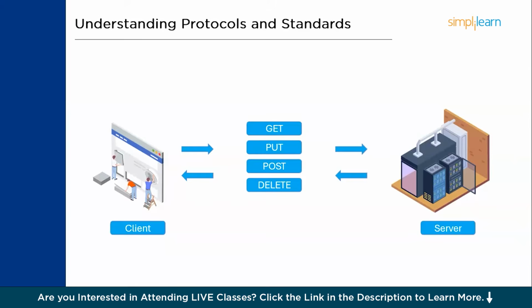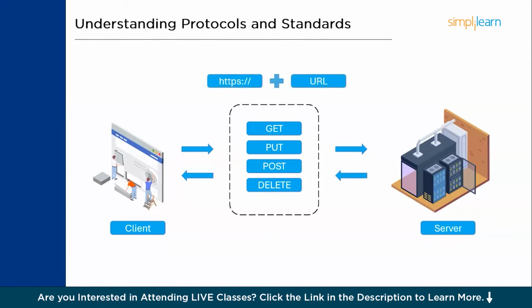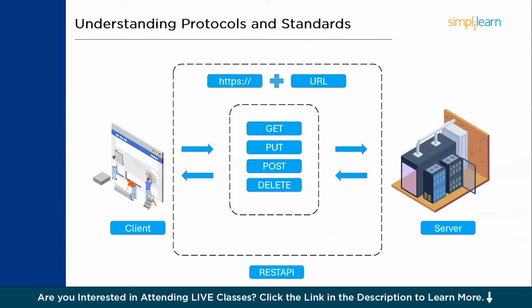Now, if you are connected to a single server, this might not be that tough. But if you are getting connected to multiple servers, then you might require different protocols every single time. Now, this can be a combination of 2 parts, HTTP and the URL that you're trying to connect to, right? Now, to eliminate the effort between multiple servers and multiple requests at one go, you have one single tool called an API.